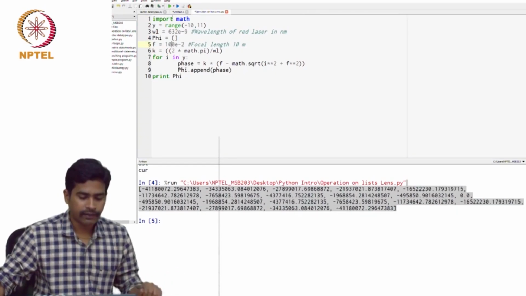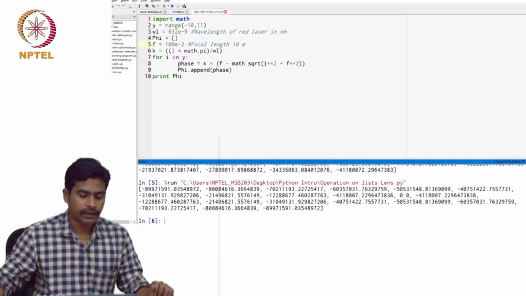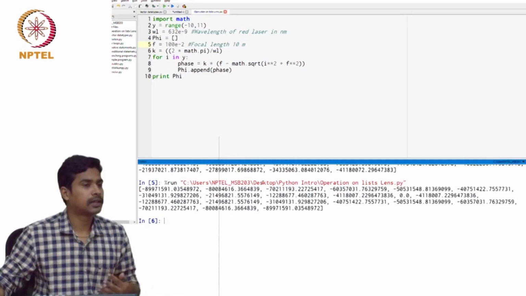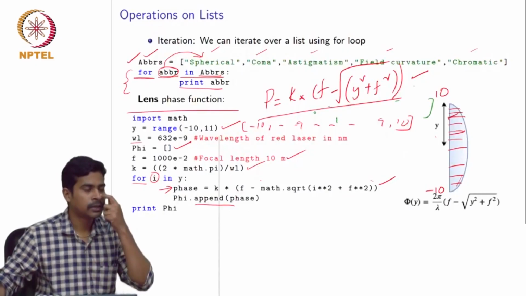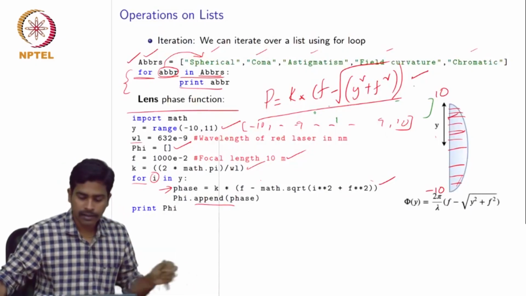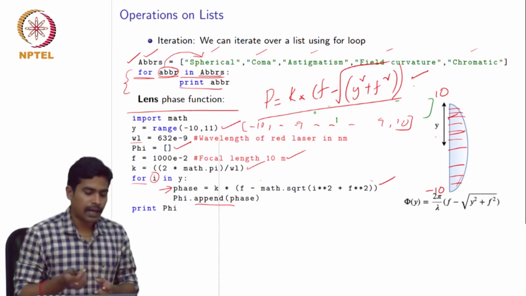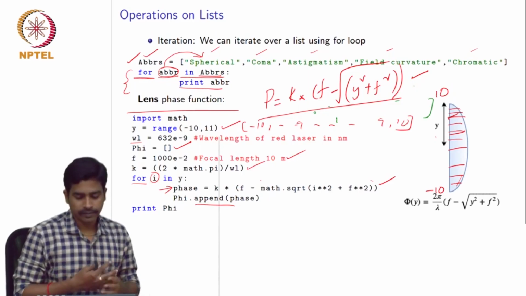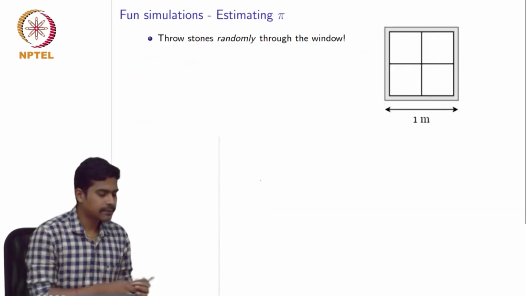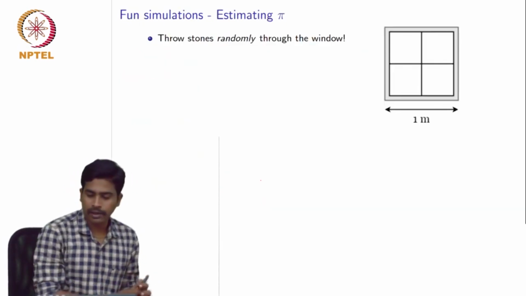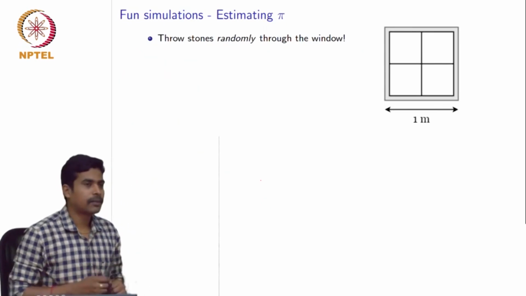You can try giving different focal length, or you can try giving different wavelength. Based on that, the phase values of the lens are going to change. I have given this program so that you will know how to manipulate lists and how to do different operations on lists.